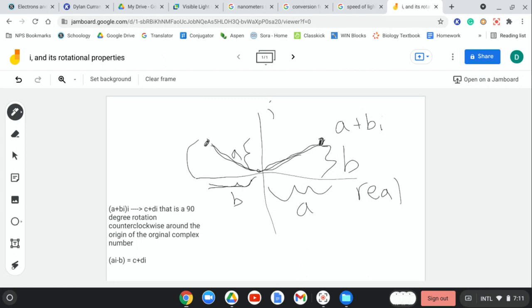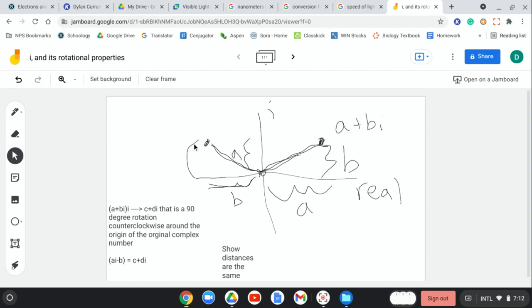So our first step: if one point is a rotation of another point about the origin, the points have to be the same distance from the origin by definition. So our first step is to show that the distances are the same. We can find the distances between the origin and the points using the Pythagorean theorem.